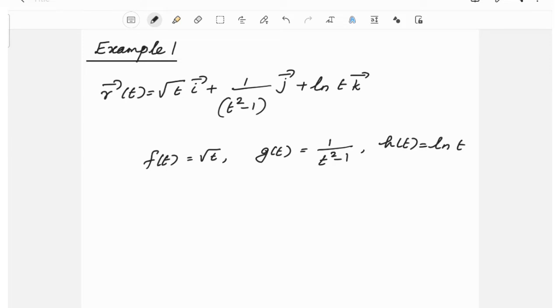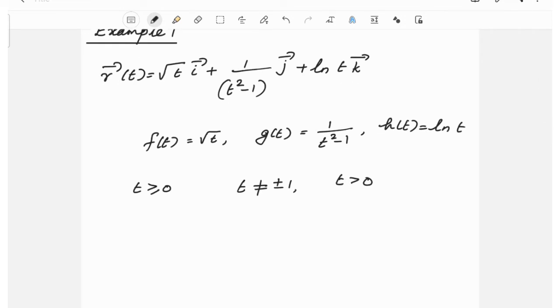And f of t is continuous at all points when t is greater than or equal to 0. When t square minus 1 is not equal to 0, g of t is continuous. Therefore, g of t is continuous at all points on the real line except t equal to plus or minus 1. And ln t is continuous at all points when t is greater than 0.